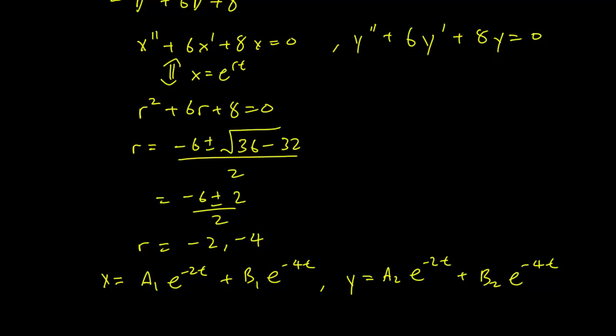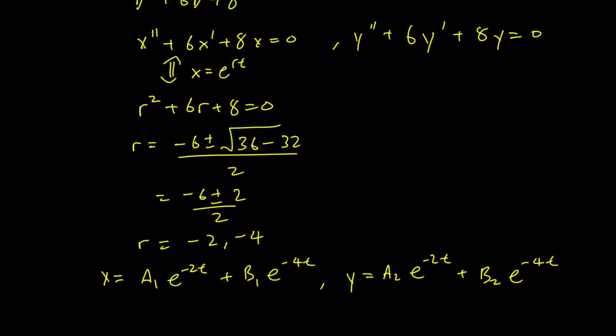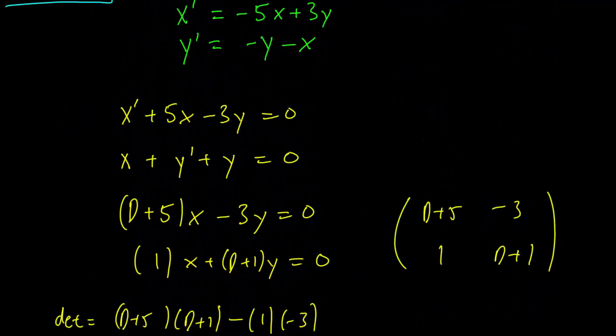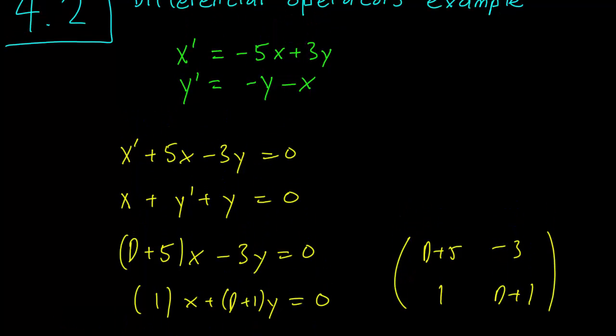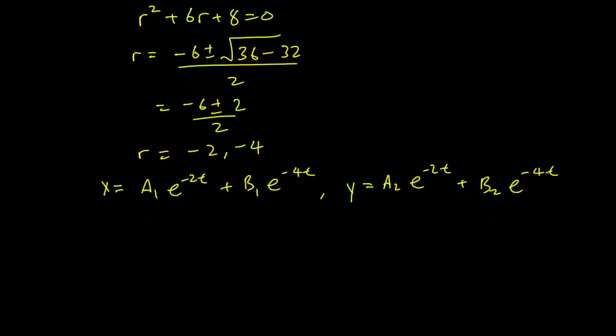And we know that there is something missing here because we have 4 different constants, even though these are 2 equations of first order, so we should expect there to be only 2 constants.